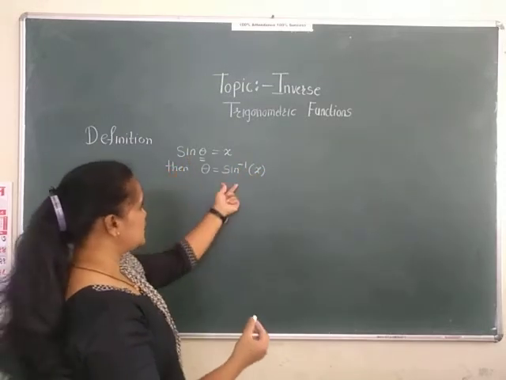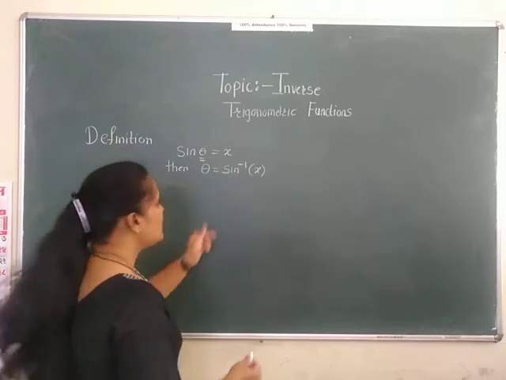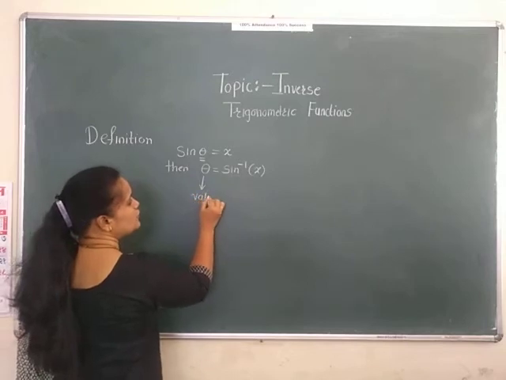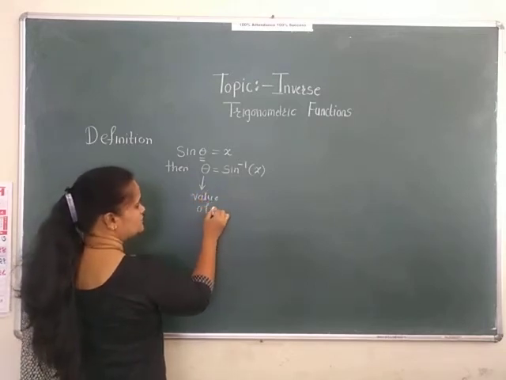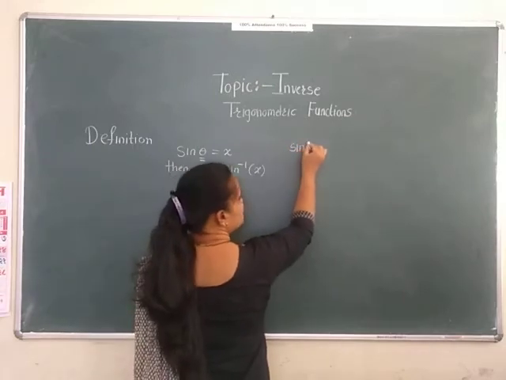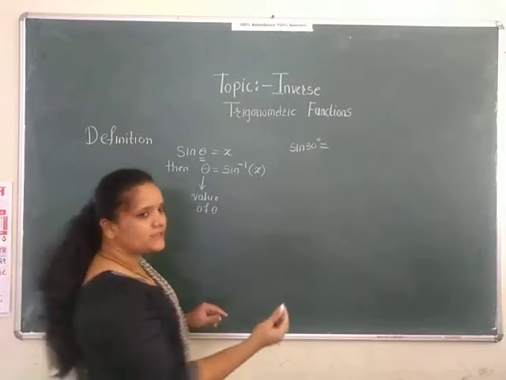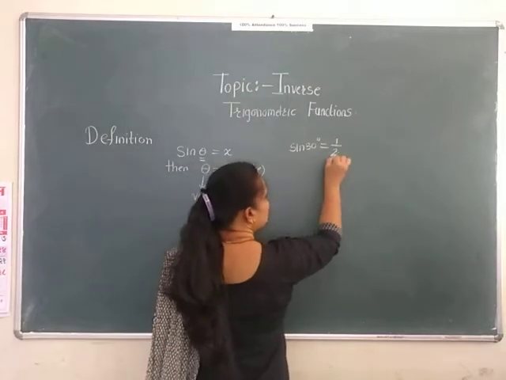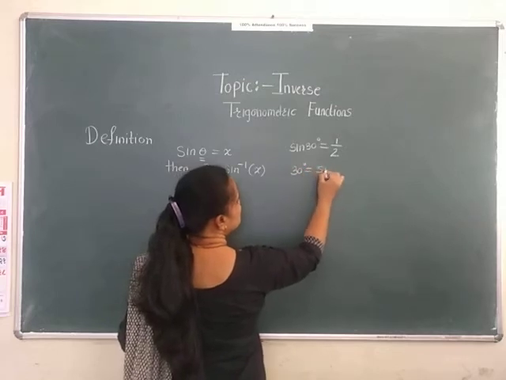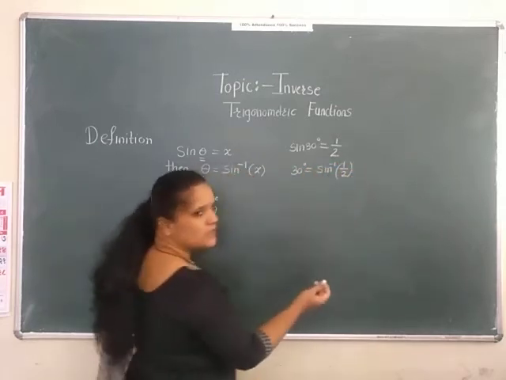So this is nothing but sine inverse function, and in this way we can find the value of theta. For example, if I write sine 30 degree, the value of sine 30 degree is 1 by 2. So 30 degree is nothing but sine inverse of 1 by 2.